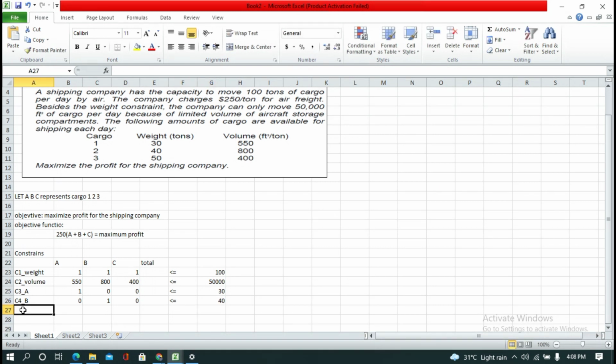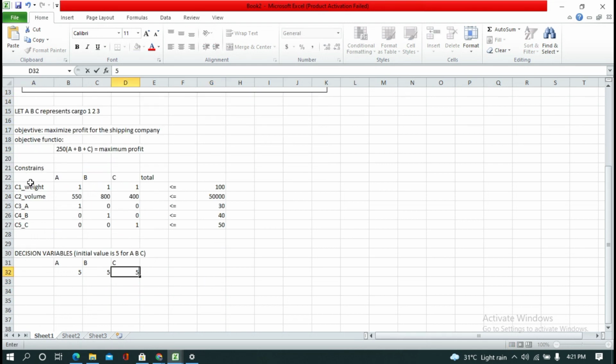And then for constraint 5, C5, is for cargo 3, represented by letter C. So this is 0, 0, and 1 times C for cargo 3. Its maximum weight that can be carried is 50 tons. So this must be less than or equal to 50 tons.